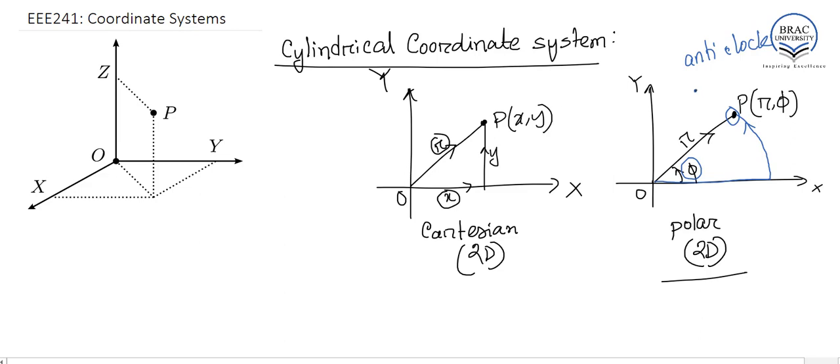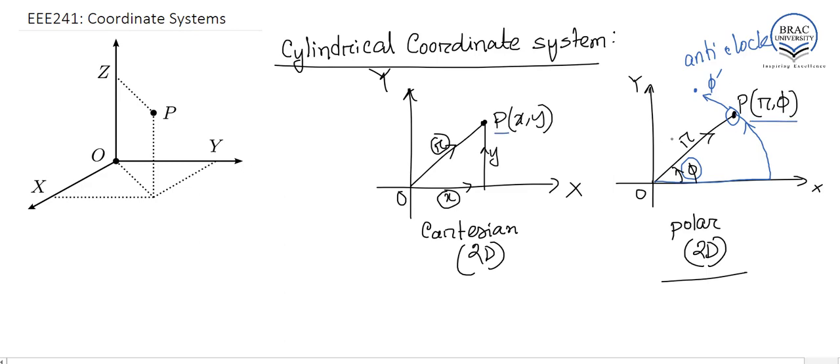If the P point was over here, then you would have to cover a slightly more angle over here. So the value of the angle would be different, but the radius would not be any different.